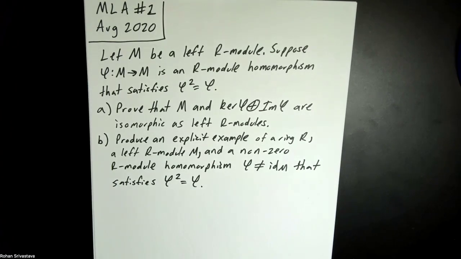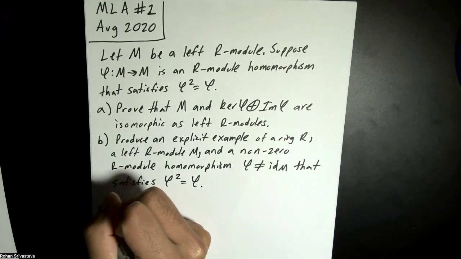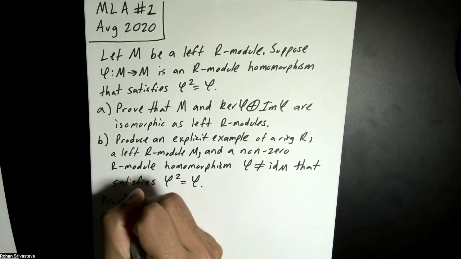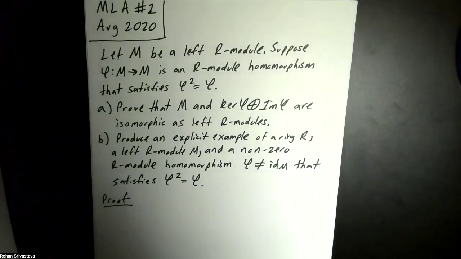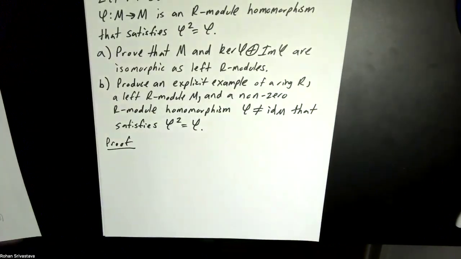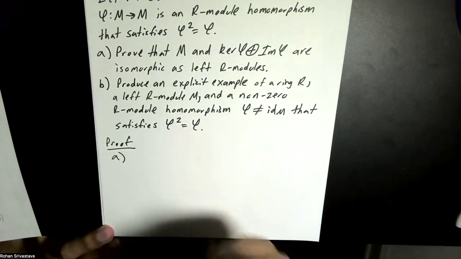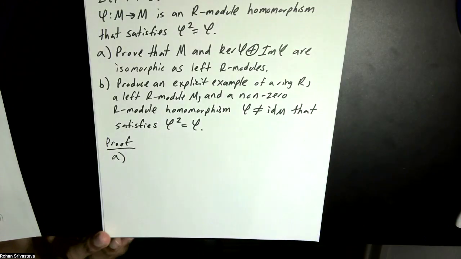Okay, so let's start with part A. So we need to show that M and the direct sum of the kernel of phi and the image of phi are isomorphic left R modules. So let's define the R module isomorphism.